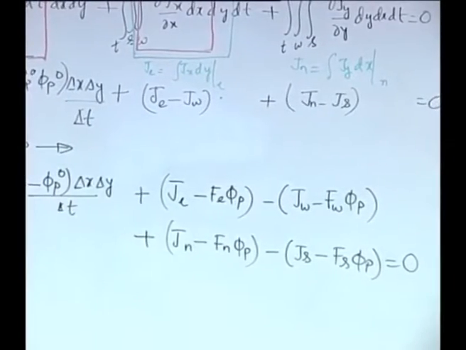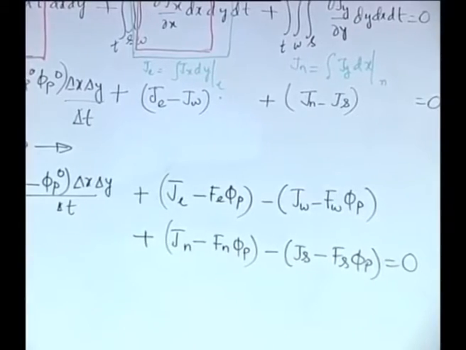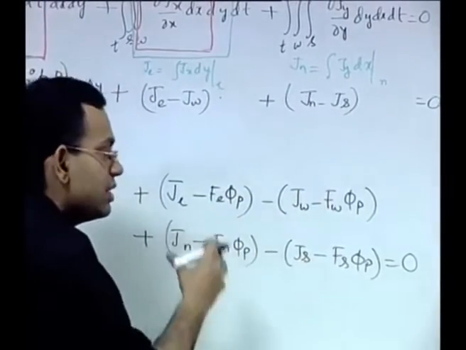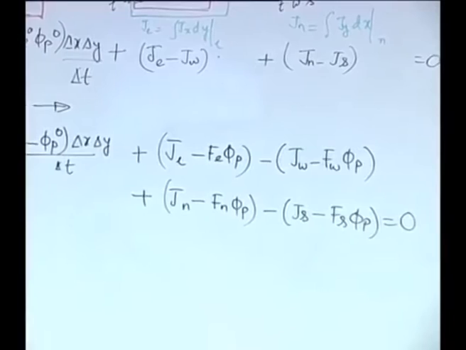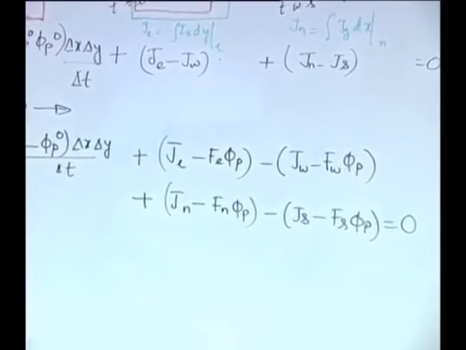So, other than the unsteady term, you can see that the other terms have 4 different groups. These are similar ones. So, let us calculate the first group, Je minus Fe phi P, that will give us an indication of what will be the discretization of the remaining groups.